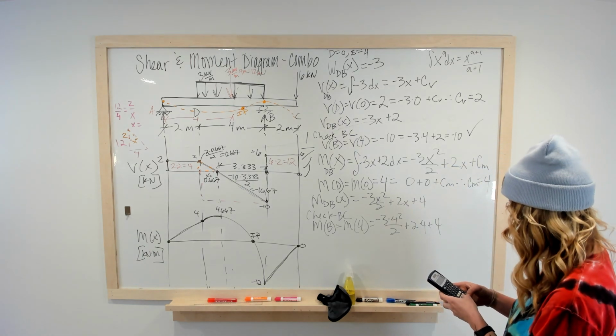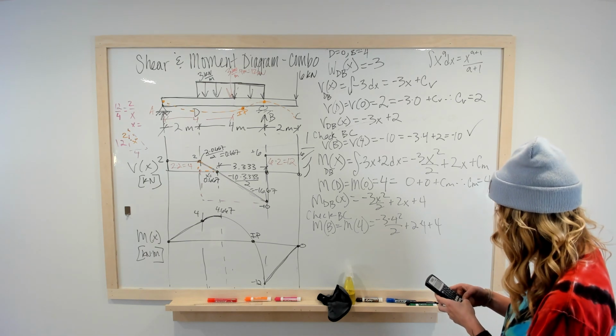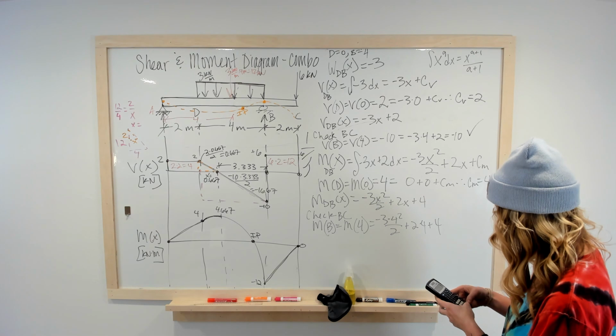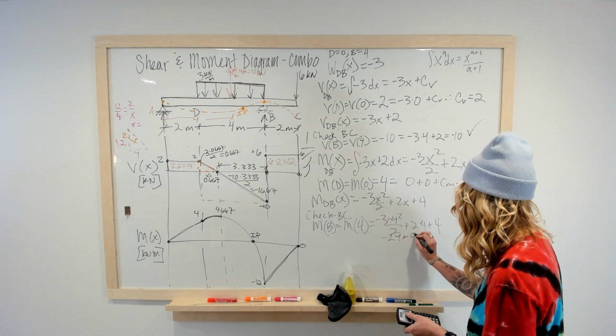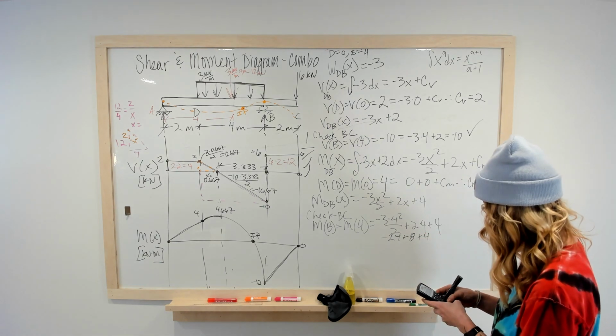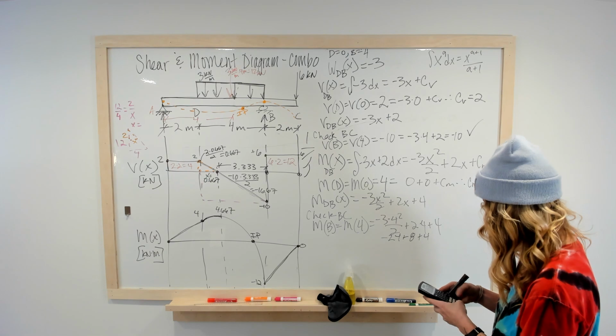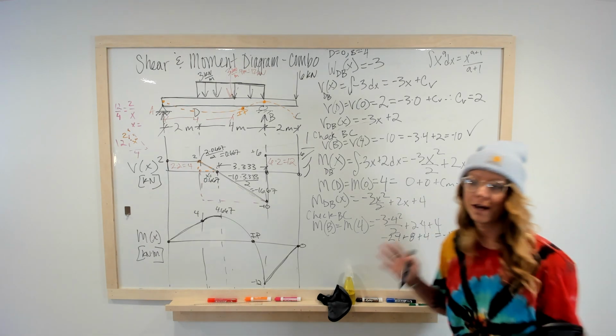We've got 4 squared times 3 divided by 2. So this part is negative 24 plus 8 plus 4. So negative 24 does indeed give us negative 12. Cool. We're there. We got it.